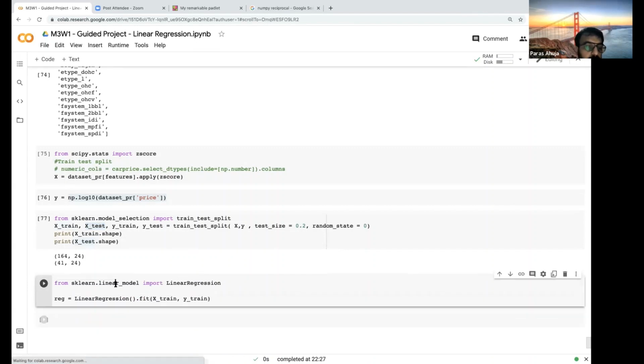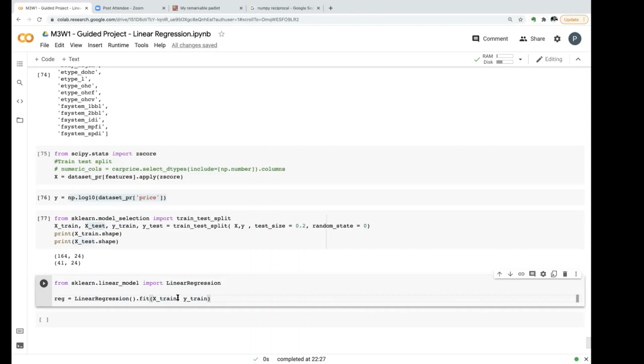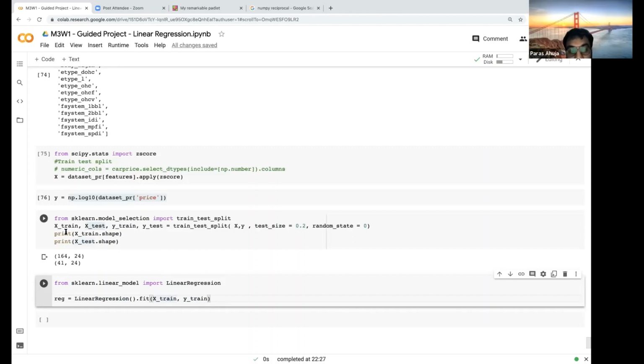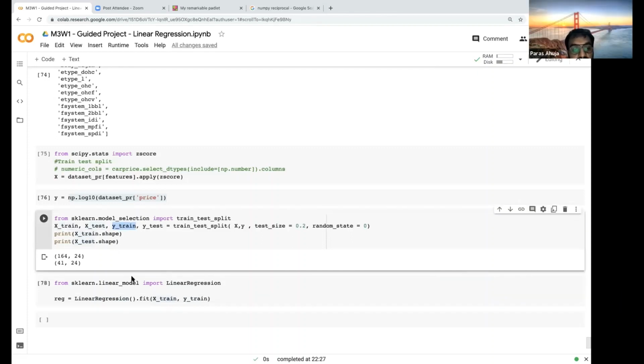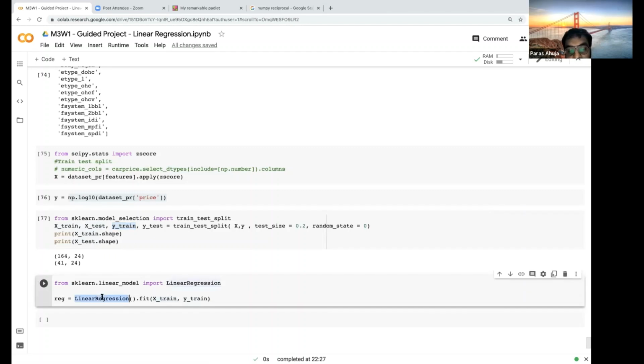So I use a linear model library and took linear regression. Since you all know it's a regression problem, and we have done so many processes to remove multicollinearity from our data, we can pass this data, X train and Y train, to a linear regression object.